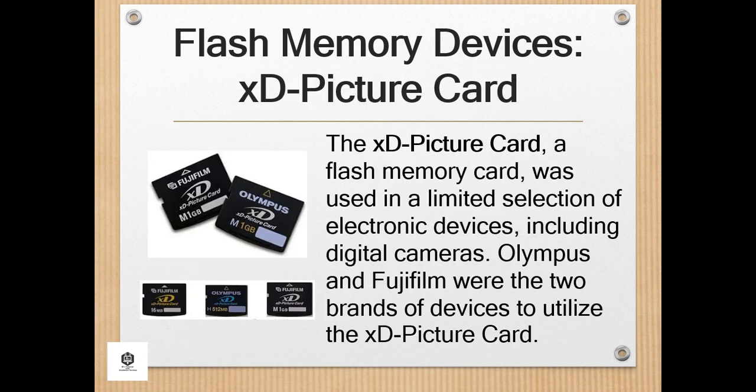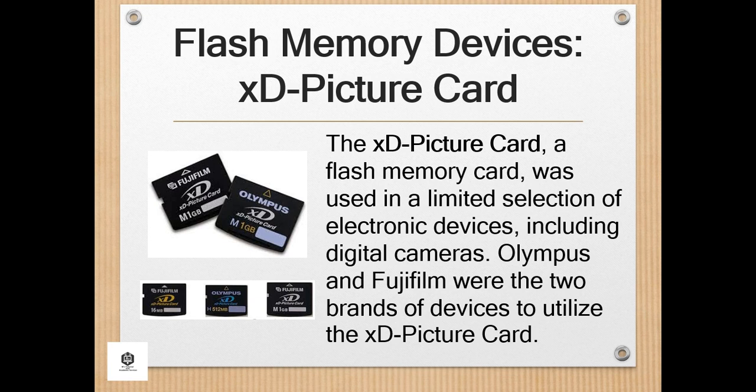Last example for the flash memory type devices is the XD picture card. The XD picture card, a flash memory card, was used in a limited selection of electronic devices, including digital cameras. Olympus and Fujifilm were the two brands of devices to utilize the XD picture card.